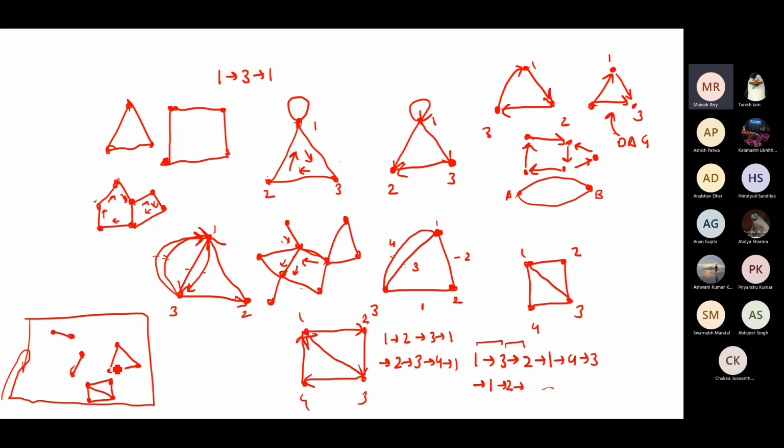But if we take this thing and this thing right here, these two do not form a connected component because there is no path from this vertex to this vertex. So this graph that I've given here has four connected components. This is one, this is one, this is one, and this is one.